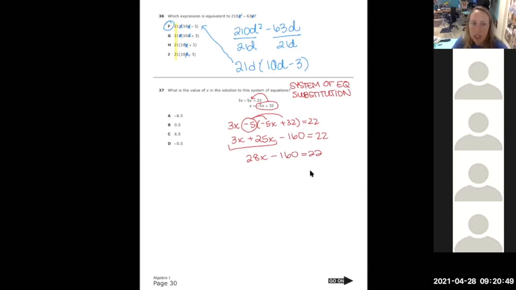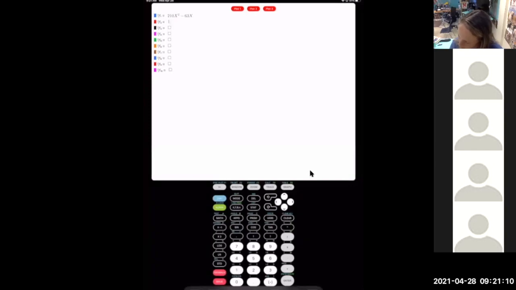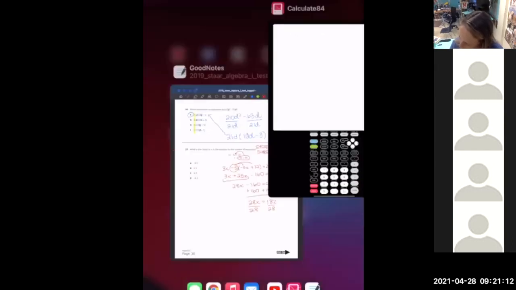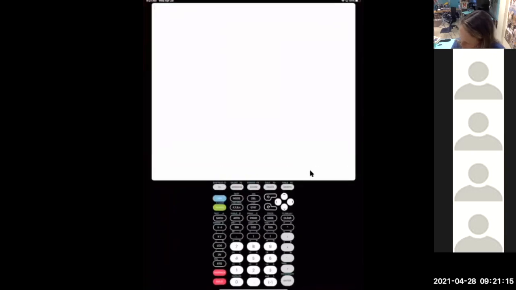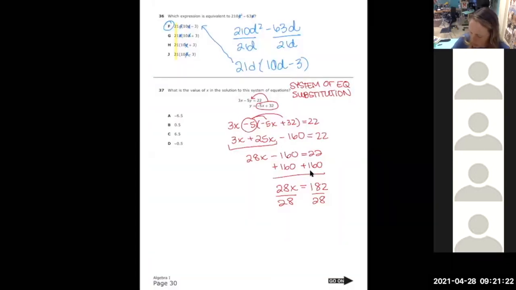Then we're in reverse PEMDAS, so we add 160 to both sides. That gives us 28x equals 182. And then we divide both sides by 28. 182 divided by 28 is 6.5, and that is answer choice C.